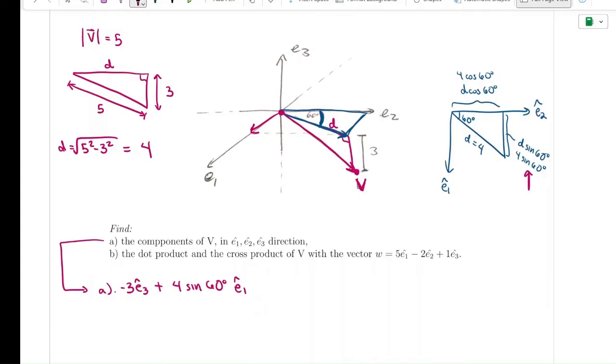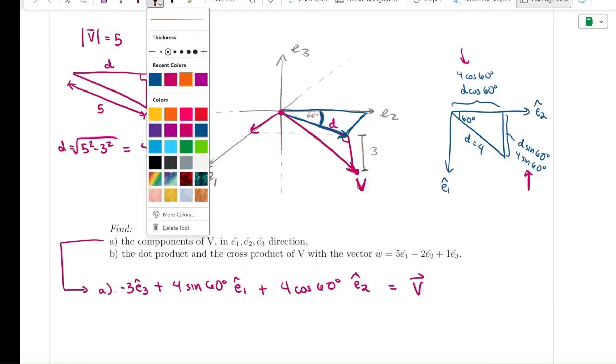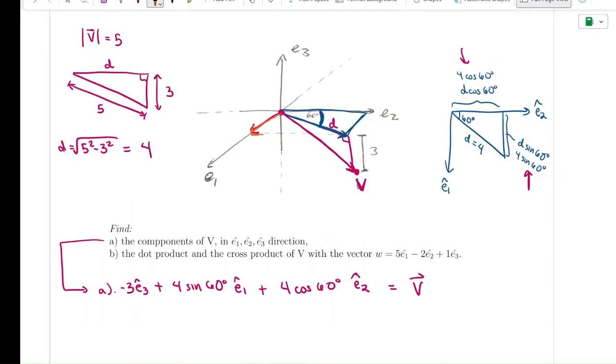And then we need the E2 hat, which we found here to be 4 cosine 60, E2 hat. And that's our expression for v, right? It makes sense because the vector really is just, if you go this way, then you go this way, and then you go down. So all we've done is decompose it into those vectors.